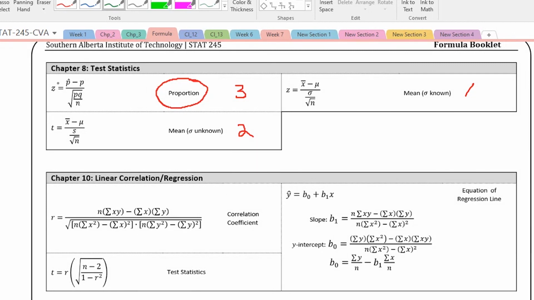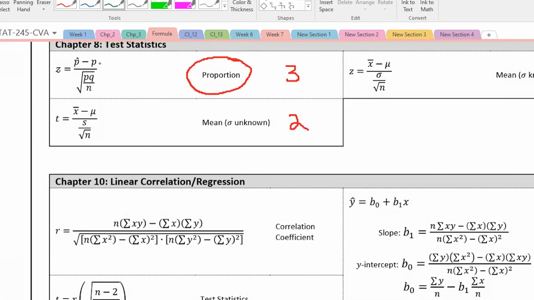Does the P have a hat or does the P not have a hat? This P is hatless. So is this Q. The only P with a hat is the first one here. And P with a hat, that's the sample proportion. This one is the status quo or the population. So don't make that mistake.